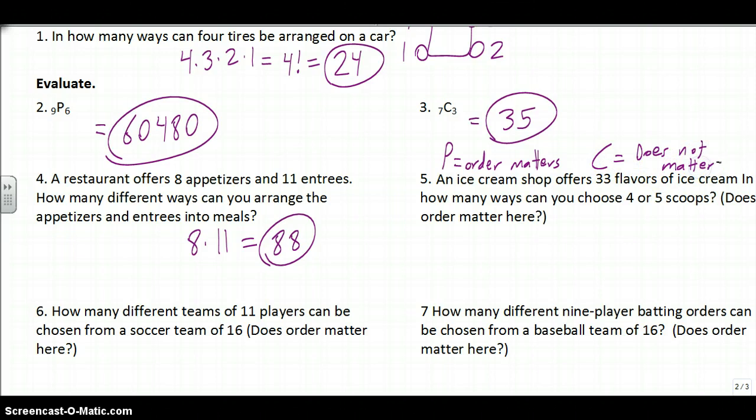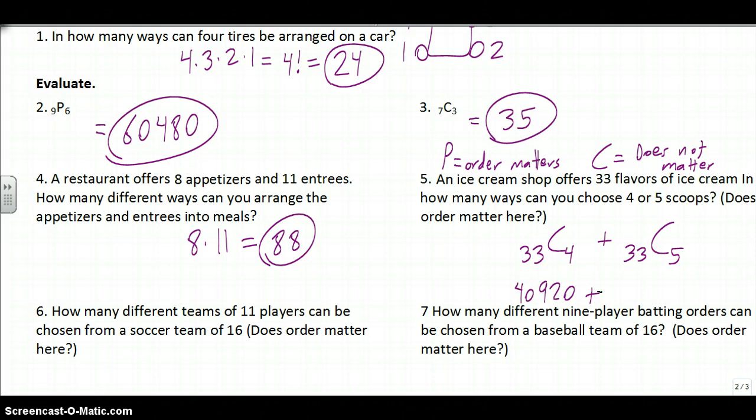Does it really technically matter what order they scoop the ice cream in? Technically, no. So that would be combinations. So I'm going to do 33 combination 4. But not only do I have to do 33 combination 4, I also have to do 33 combination 5, because they want 4 or 5 scoops. So I just plug those both in my calculator. 33 combination 4 is 40,920.